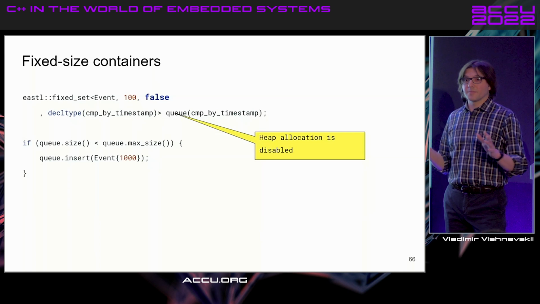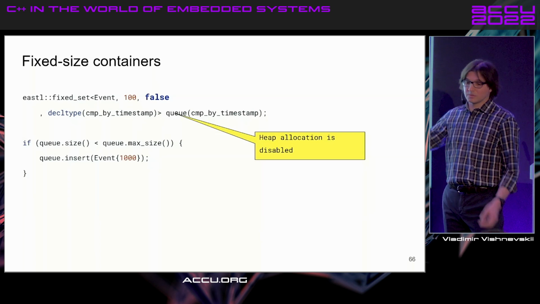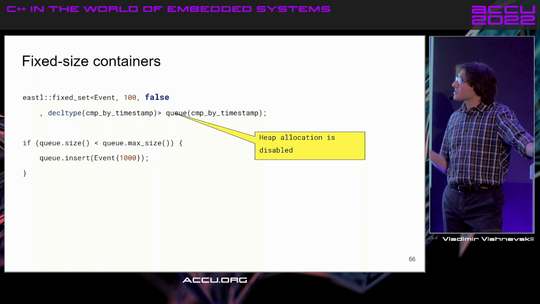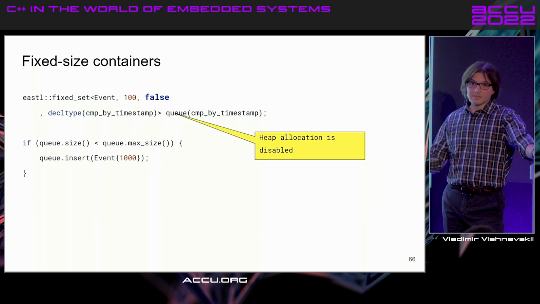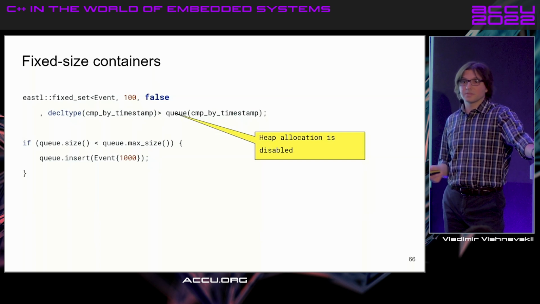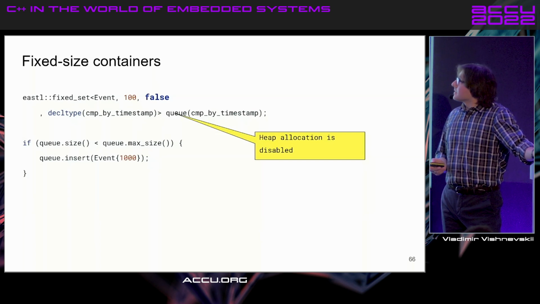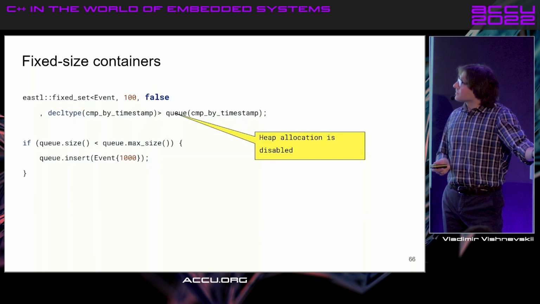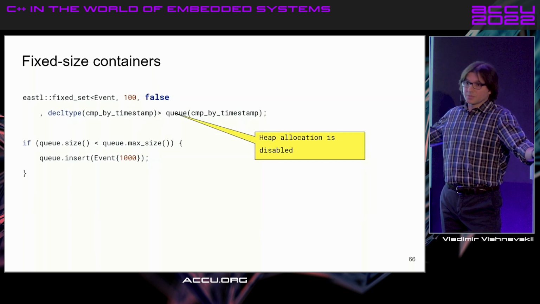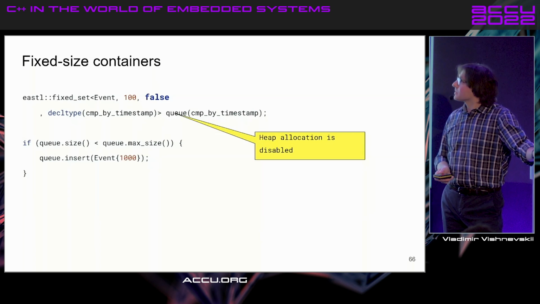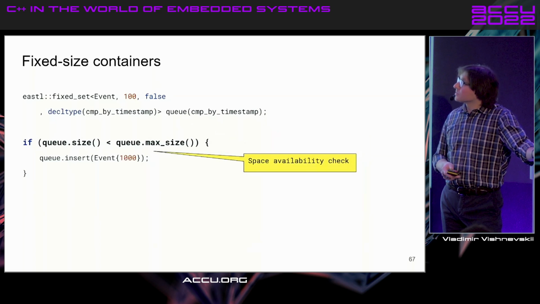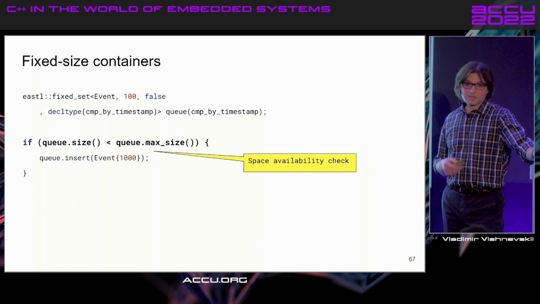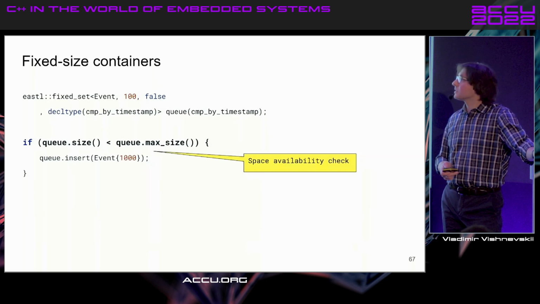This is a form of optimization for non-embedded cases, where heap allocation is still possible, so that up to some number of elements it's statically allocated, and then the backup goes into dynamic allocation. This is possible, but we just specify that we do not use it by providing this false value as a non-type template parameter here. And we need to control the size, as in the previous examples, if we want to avoid exception handling.